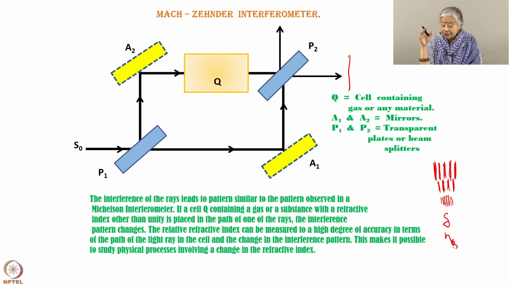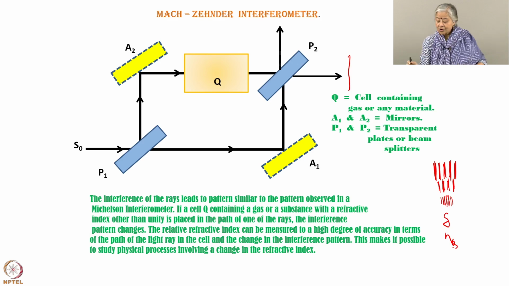Now, from the refractive index you can do many other calculations. Suppose it is filled with gas, okay, and with the density of the gas your refractive index will change. So, you get the change in the refractive index, and from that you can back calculate the density of the gas inside that cell, and many such things.